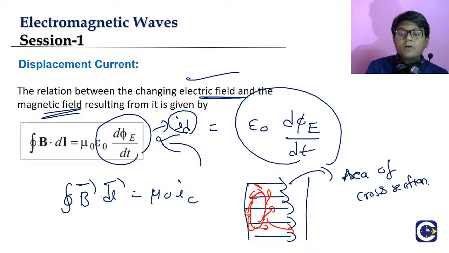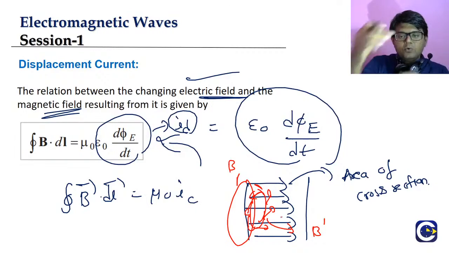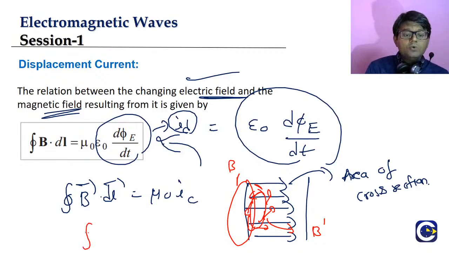Here the field will not be equal to the B that we are talking about. When we take a peripheral loop, B will be different. When you take a loop inside, the B will be different. So let us call it B dash. If you take a loop of smaller area, we'll call it B dash. Now if you do integral B dash dot dl, that is for a smaller loop.